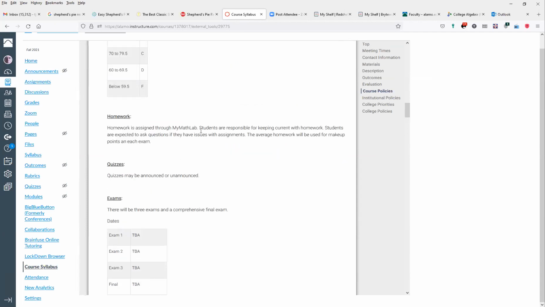The homework is assigned through MyLab. Students are responsible for keeping current with homework. Students are expected to ask questions if they're having issues with assignments. All right. If you're having issues with the homework, then the time to talk about it is then, not when the exam comes up.